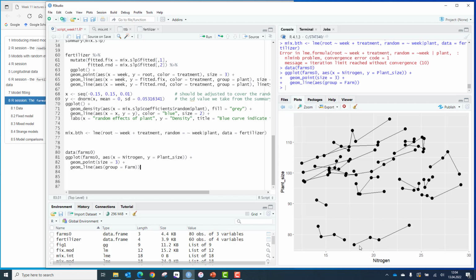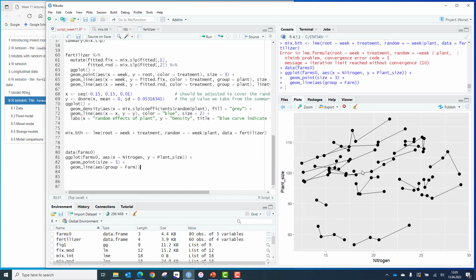So you can see these 4 measurements here are from the same farm. These are from the same farm. These 2 from the same farm. So it varies. Some farms have 5 measurements and some have only 2. There are some farms with even only 1 single measurement. And that's the difference to the big data set where all farms have 5 measurements.